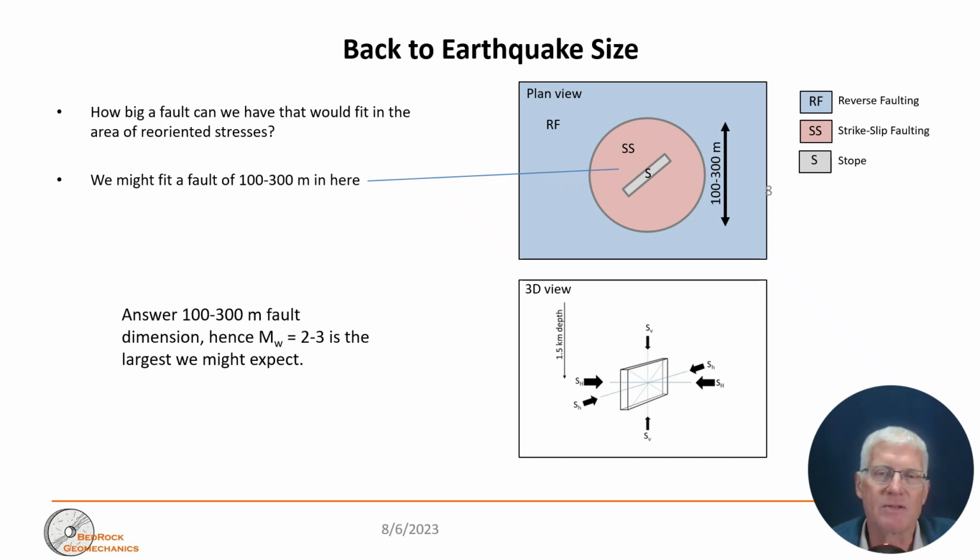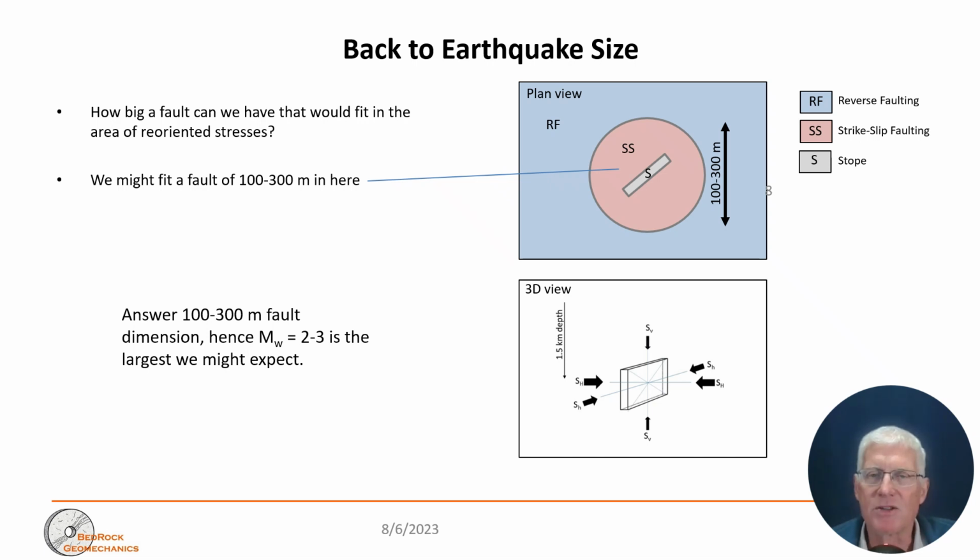So if we look at, say, a stope that's 100 meters long, or 50 meters long, something like that, with similar dimensions vertically, and oriented approximately like I mentioned before, we might expect the area where the stresses are strongly changed to be on the order of 100 to 300 meters.